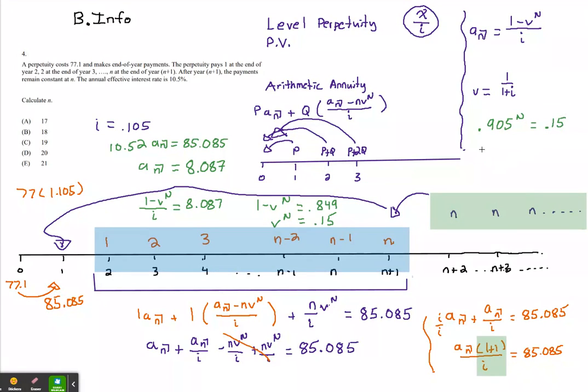Let's take the natural log of both sides. And now we can take that n out as a property. So I get n, and then I'm going to divide both sides by ln 0.905.